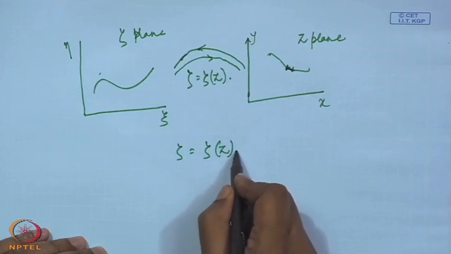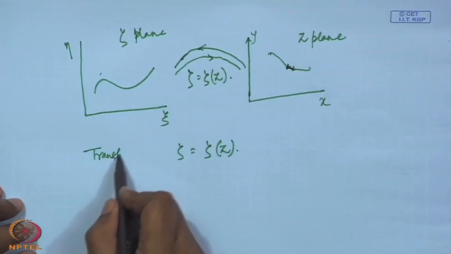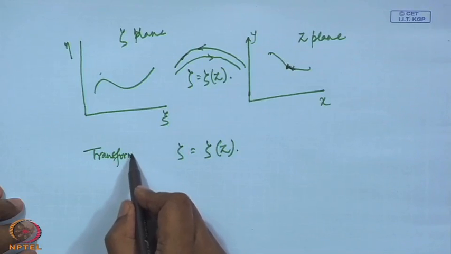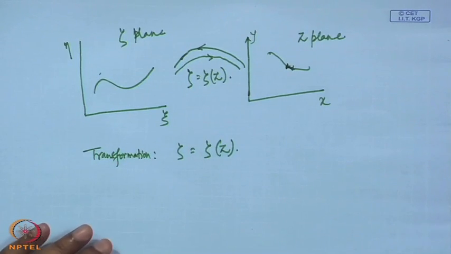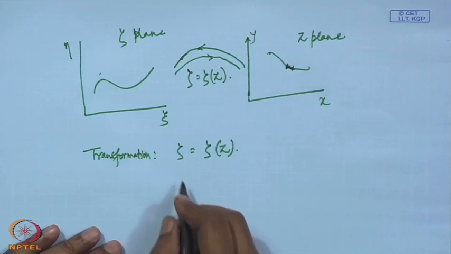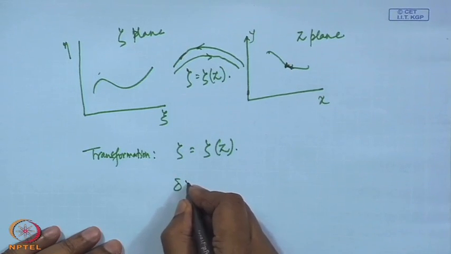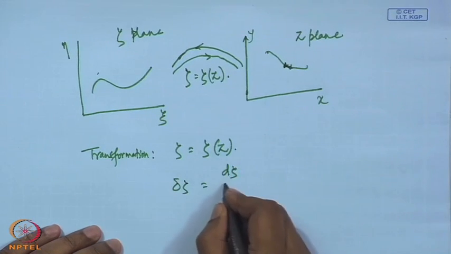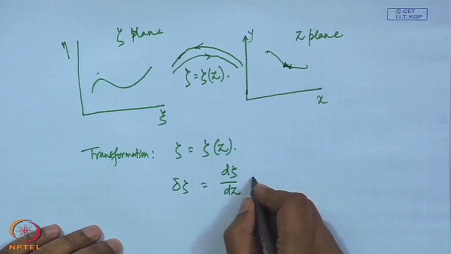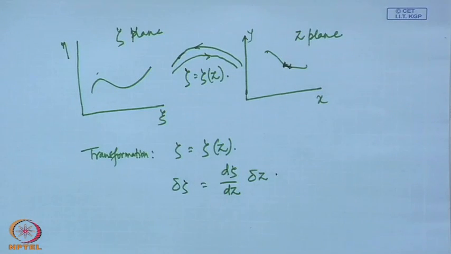Now, this transformation implies that delta zeta equal to d zeta dz into delta z, fine.